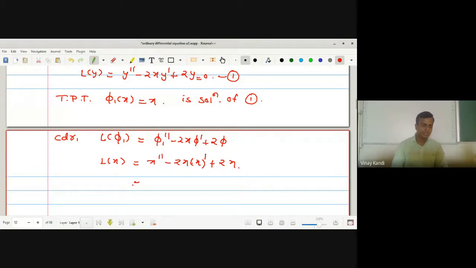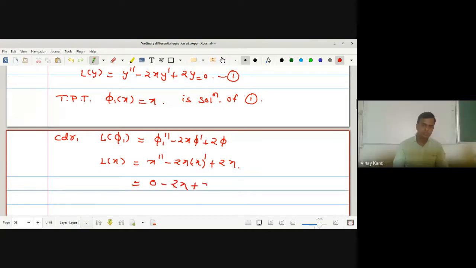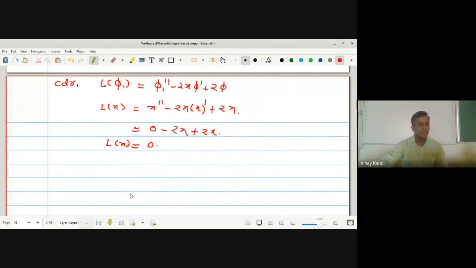So here we get 0, minus 2x plus 2x, which is equal to 0. So L of x is equal to 0. It implies L of phi 1 is equal to 0. It implies phi 1 of x is equal to x is a solution of equation 1.